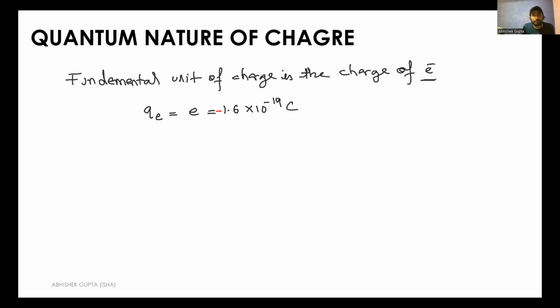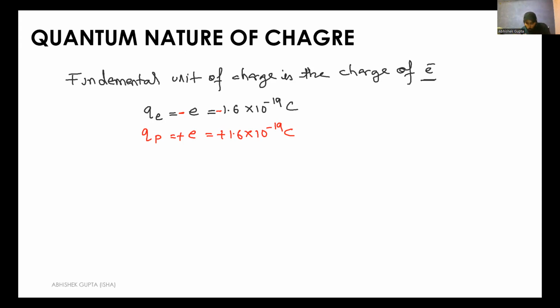Similarly, the charge of a proton is the same, plus 1.6 into 10 to the power minus 19 coulomb. This is the smallest possible charge. Just remember, charge on an electron is negative, charge on a proton is positive, but both have the same magnitude, 1.6 into 10 to the power minus 19.